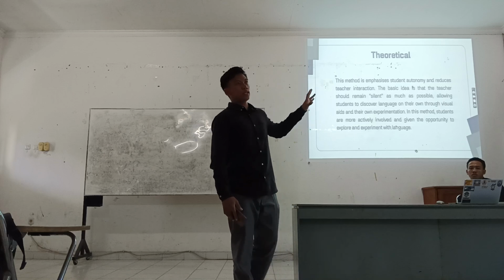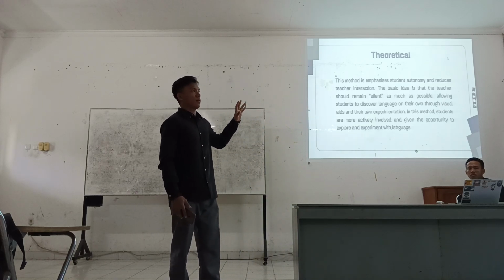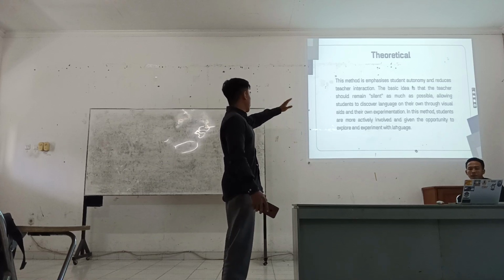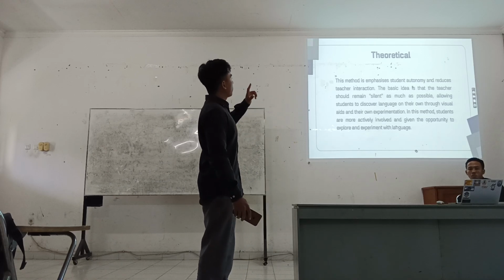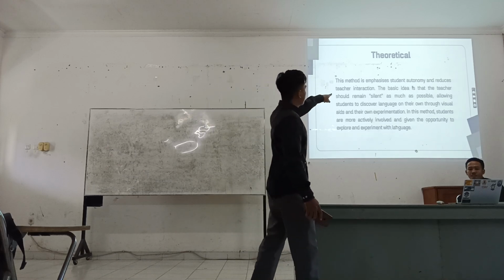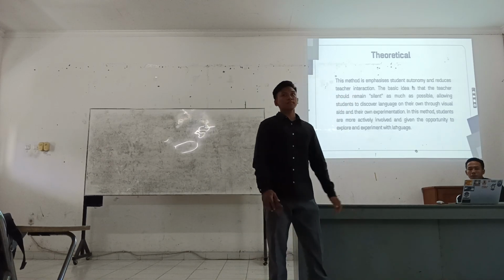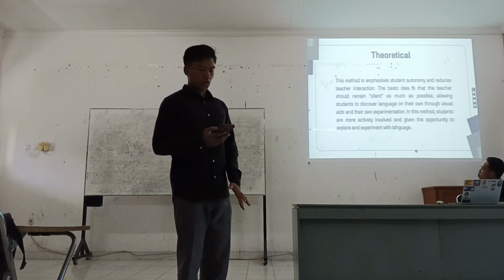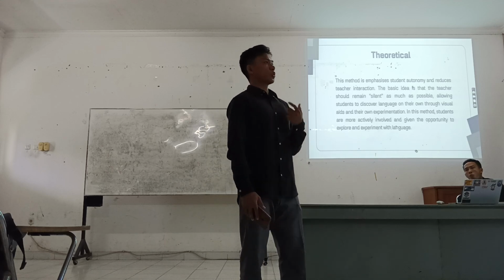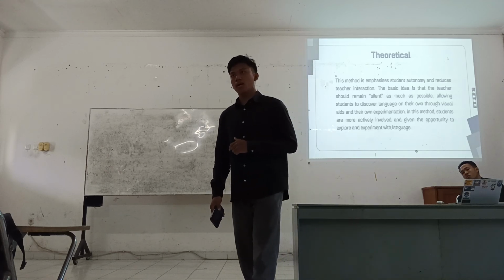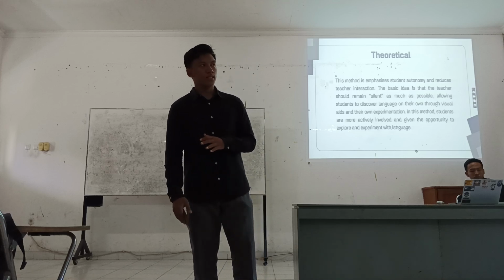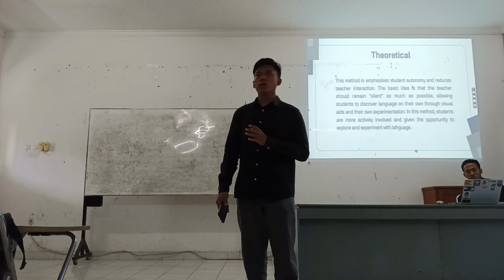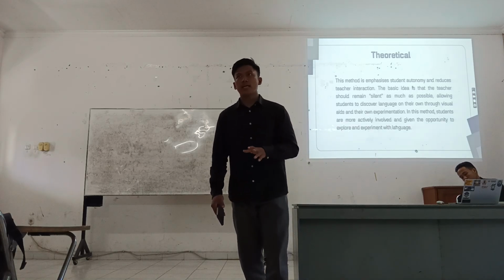Next. So this is the theoretical basis of the silent way method. You can see in this slide the explanation about the theory, and I will highlight the word student autonomy. Student autonomy is the student's initiative to be more active and engaged in the classroom, and they are free to explore and observe more about the language in the classroom.